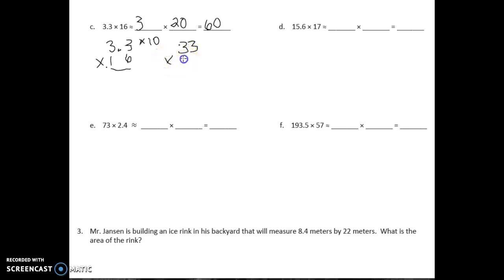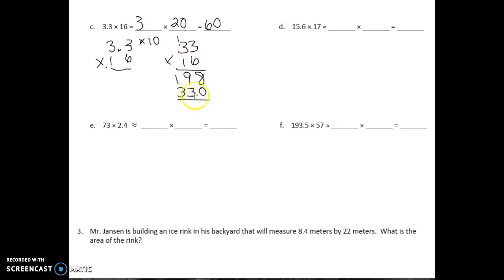times 16. And now when we do this, we go 6 times 3 is 18. 6 times 3 is still 18, plus 1, add a 9 into there instead of an 8. And now we go 10 times that, so we have to have a 0, because 10 times anything ends in 0. 1 times 3 is 3, and again, 1 times 3 is still 3.